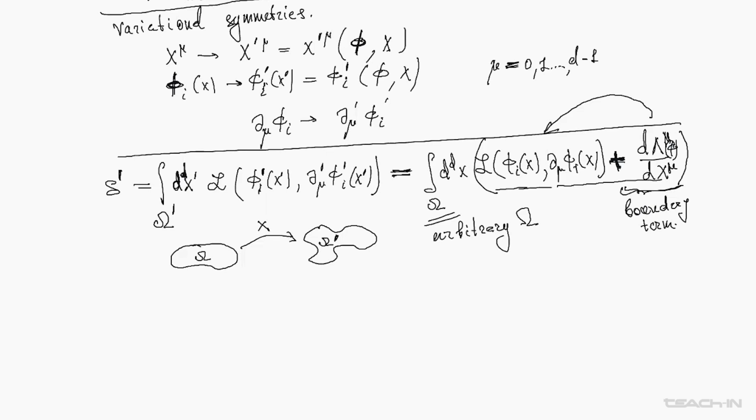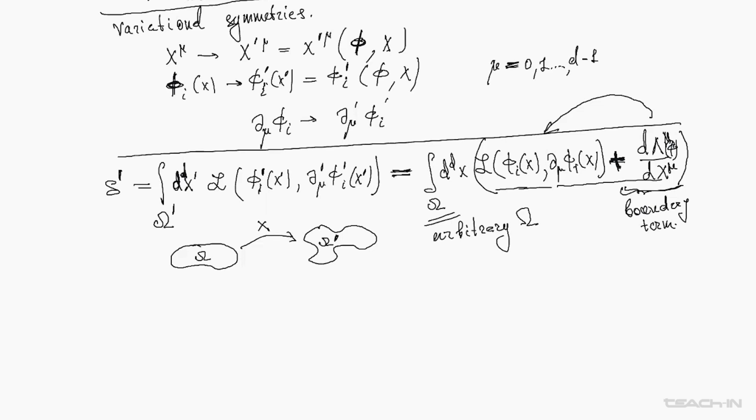Okay, so how can we proceed? What we want to do now is use the arbitrariness of this volume omega and compare the integrands of these two integrals. For that, we can make a change of coordinates here and pass to integration over the original variable x over the region omega.